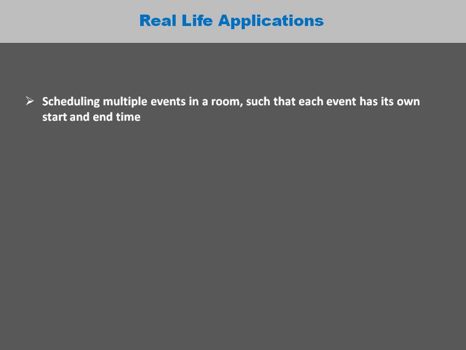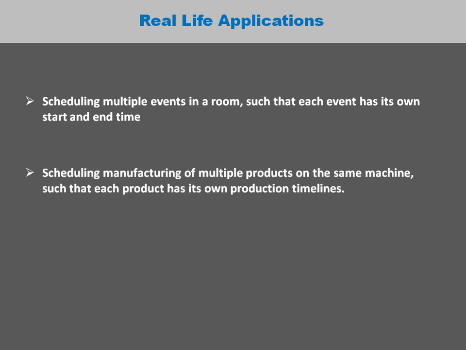Now the next topic is real life applications. When scheduling multiple events in a room such that each event has its own start and end time, we use the activity selection problem. When scheduling the manufacturing of multiple products on the same machine such that each product has its own production time, we also use the activity selection problem.